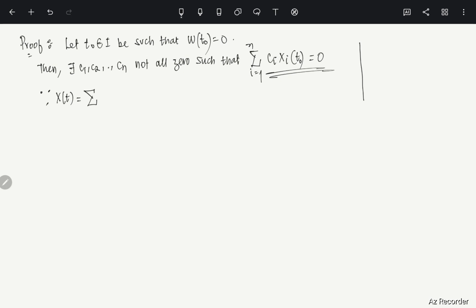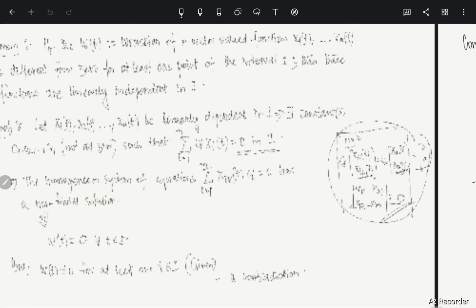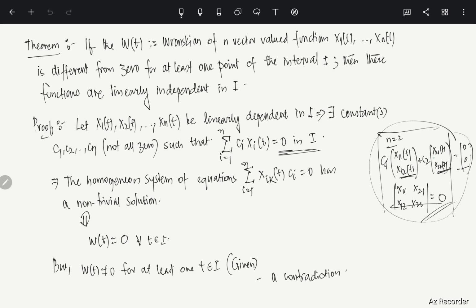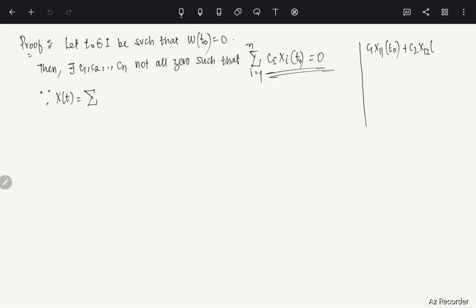Let me do it here so that you are not confused. C1 x11, the first component of x1 at t naught, plus C2 x21, the first component of x2 at t naught, equals 0.